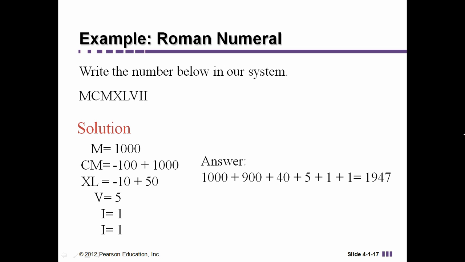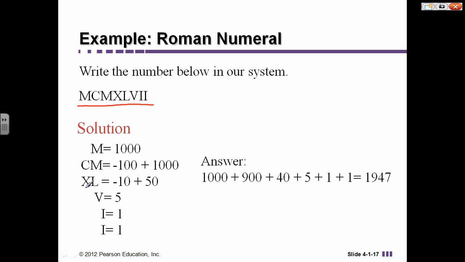So if we wanted to take this number and translate it into the Hindu Arabic number system, we know M is 1,000. Since C is to the left of M and C is smaller, then we're going to take 100 and take it away from 1,000.